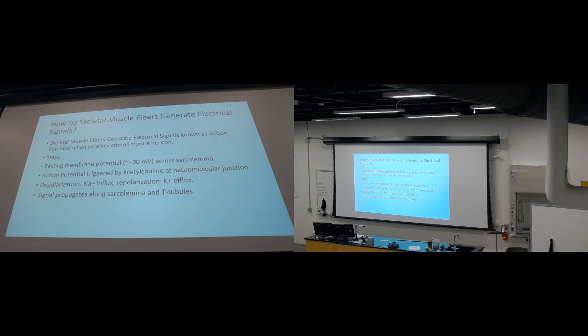And then you have a limit. You can reach plus 10, plus 15 millivolts, and then you close your sodium channels in the plasma membrane and open the potassium channels. These are voltage-gated channels, meaning they have a part that closes the channel when it is inactive, preventing ions from moving. So at around plus 10 to plus 15 millivolts, you close your sodium channels, no more sodium comes in, and you open your potassium channels.